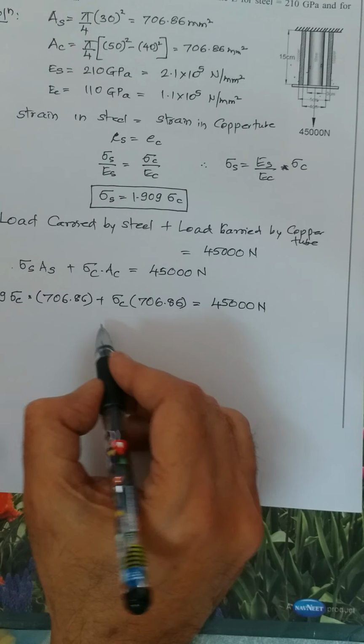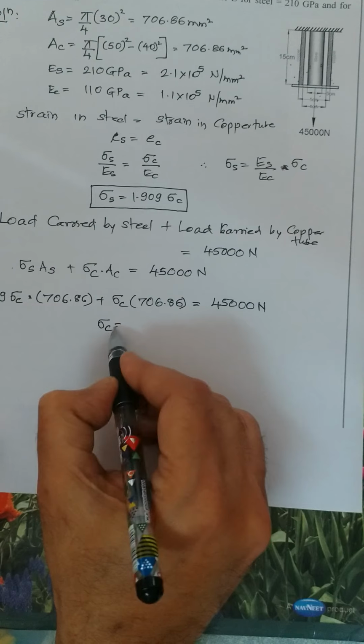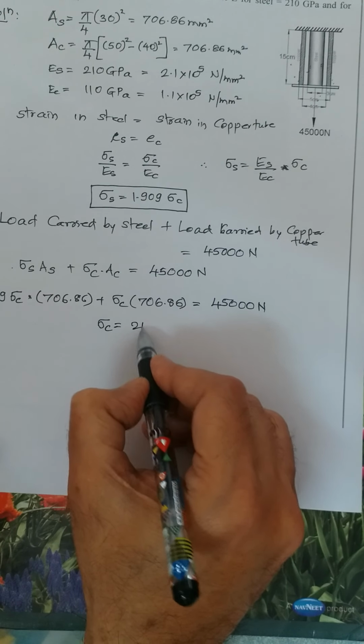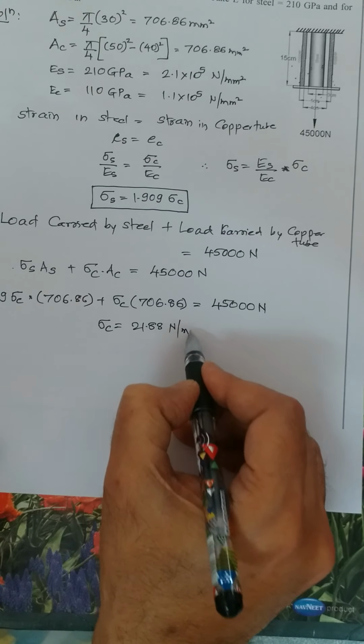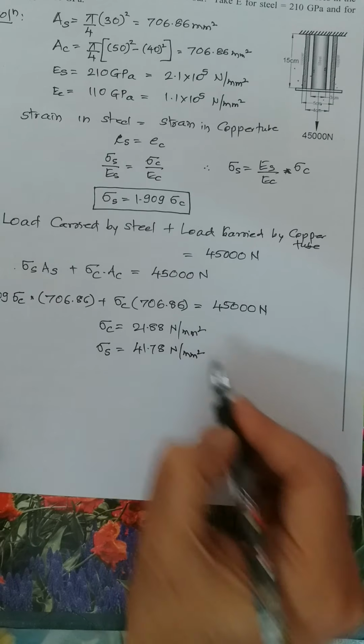So on calculation we get sigma c equal to 21.88 Newton per millimeter square, and sigma s is 1.909 times sigma c, that will be equal to 41.78 Newton per millimeter square.